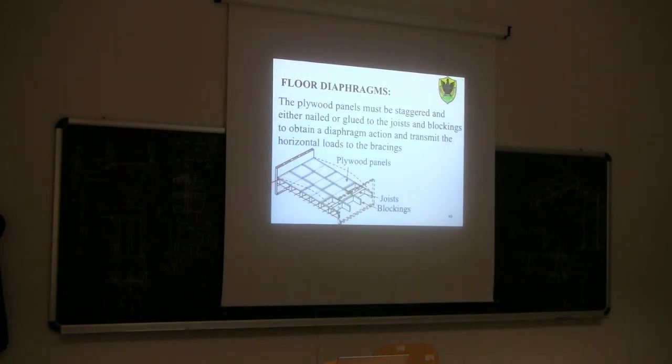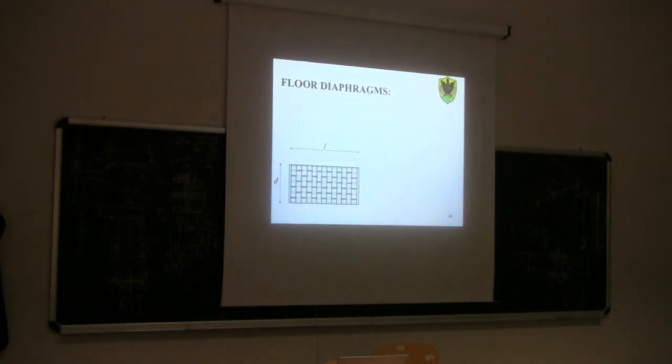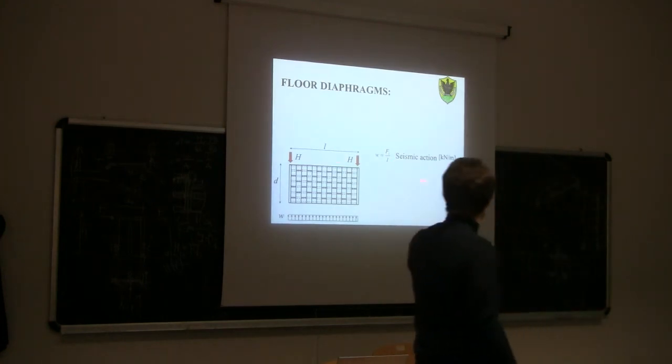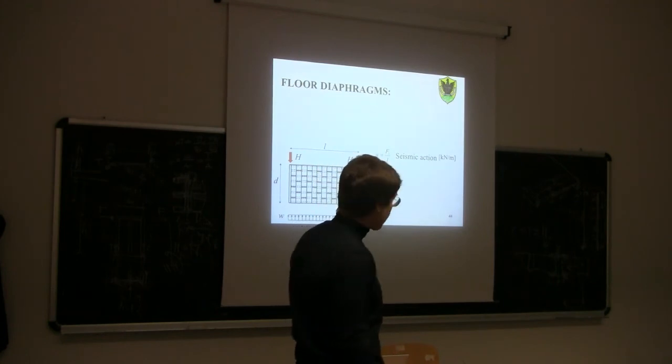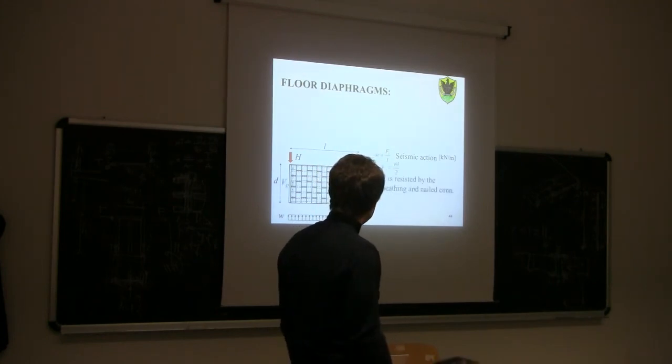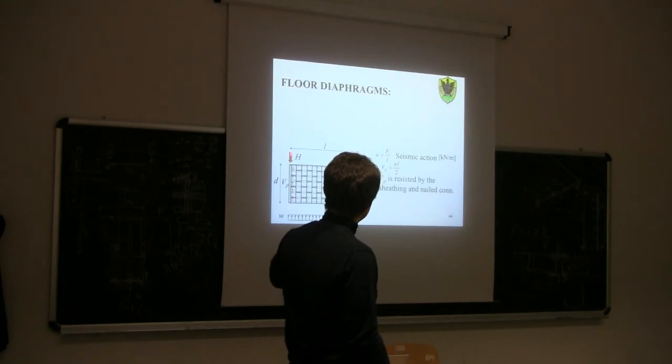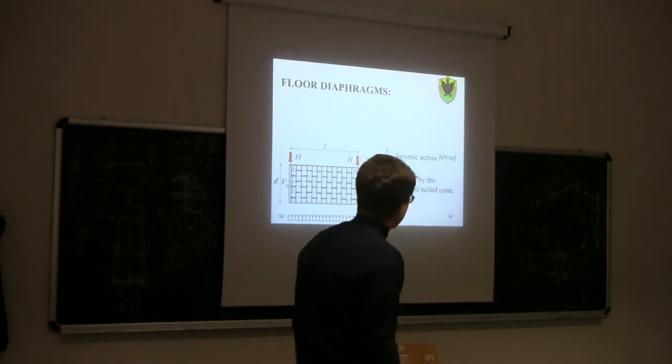Of course, when we design for the seismic in this direction, it's okay. When we design for the seismic in the other direction, we need to take into account that we have a situation like this. So the seismic action, by now you should know, is the total force divided by the length of the diaphragm, and then of course, Vp, the plane shear, is released by the sheathing and the nail connections, W times L over 2, because this is like a simply supported beam.